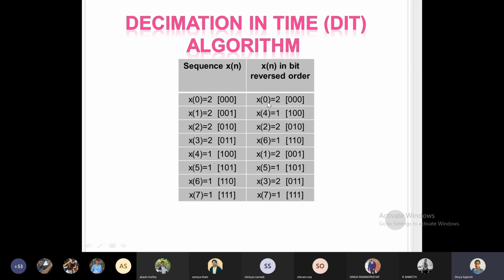Now the order has come like x of 0, then x of 4, x of 2, x of 6, x of 1, x of 5, x of 3, and x of 7. So the first and the last elements are not changing, as well as x of 2 and x of 5 are also not changing. In between, the elements have interchanged their positions.